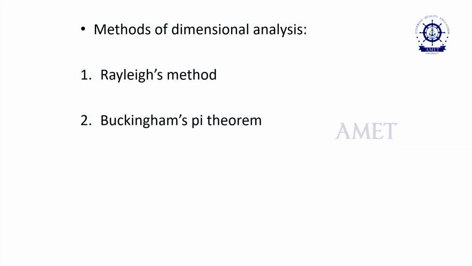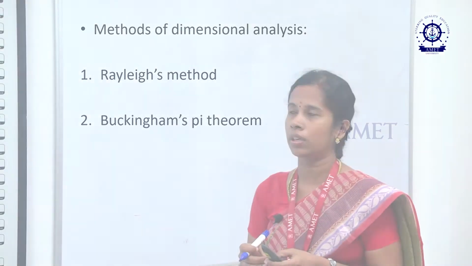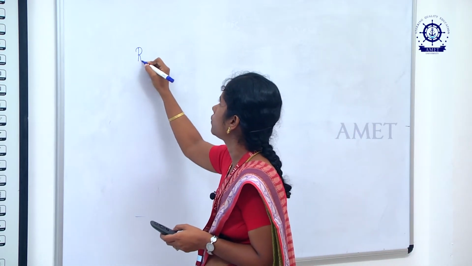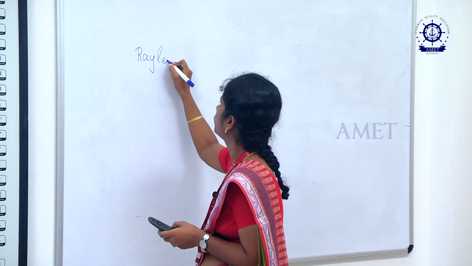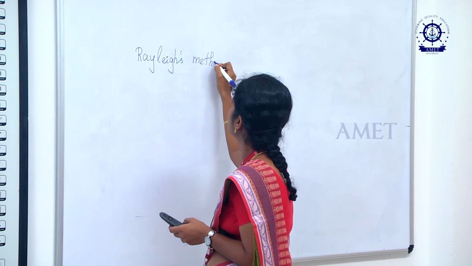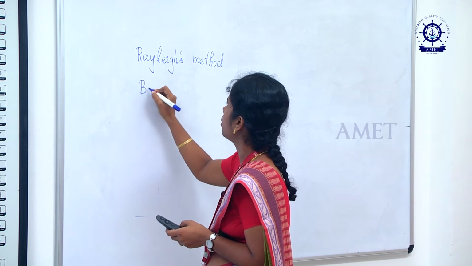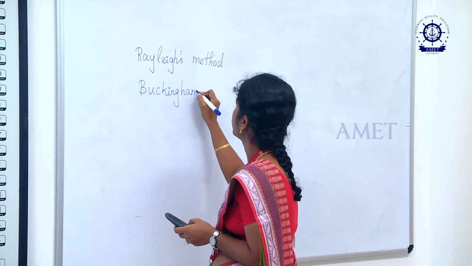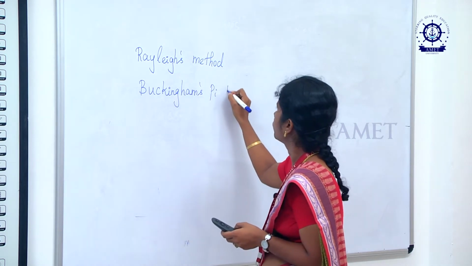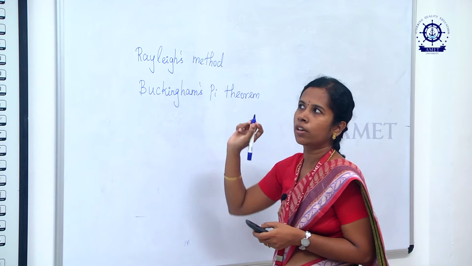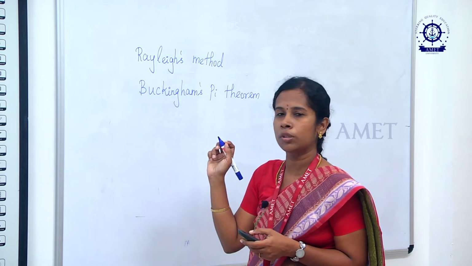Now that we have seen what dimensional analysis is, we will learn what methods are available to do it. Two methods are there: Rayleigh's method and Buckingham's pi theorem. These are the two methods available to carry out dimensional analysis.